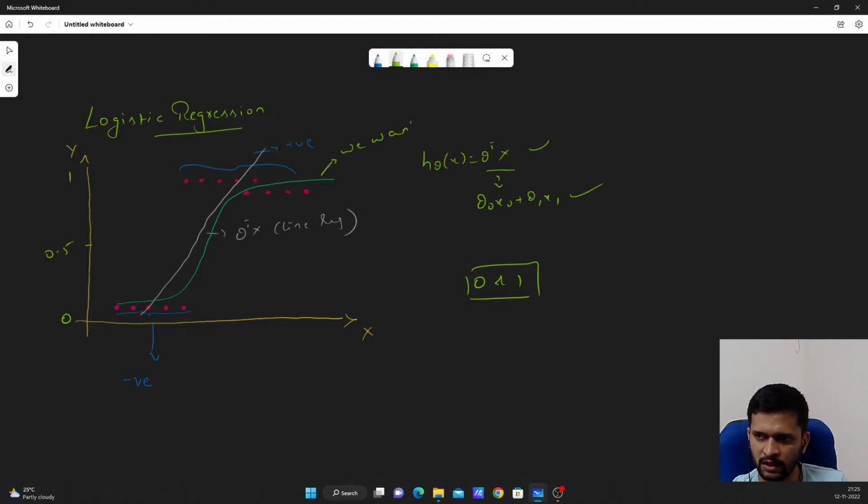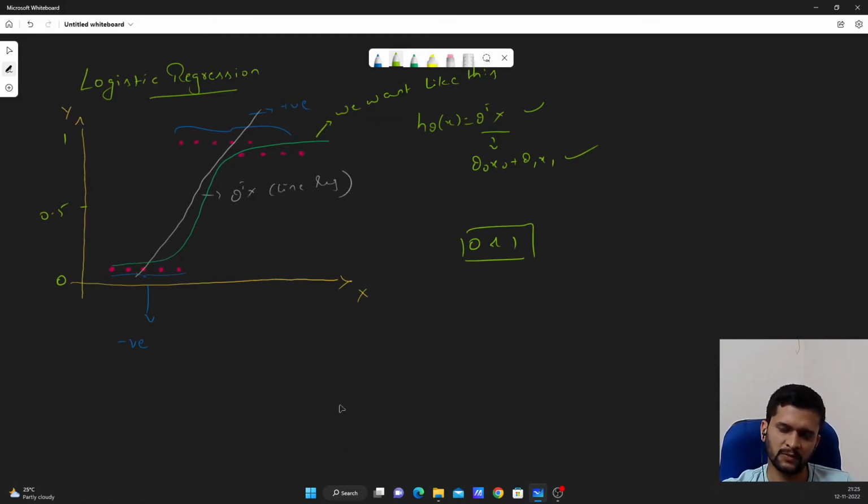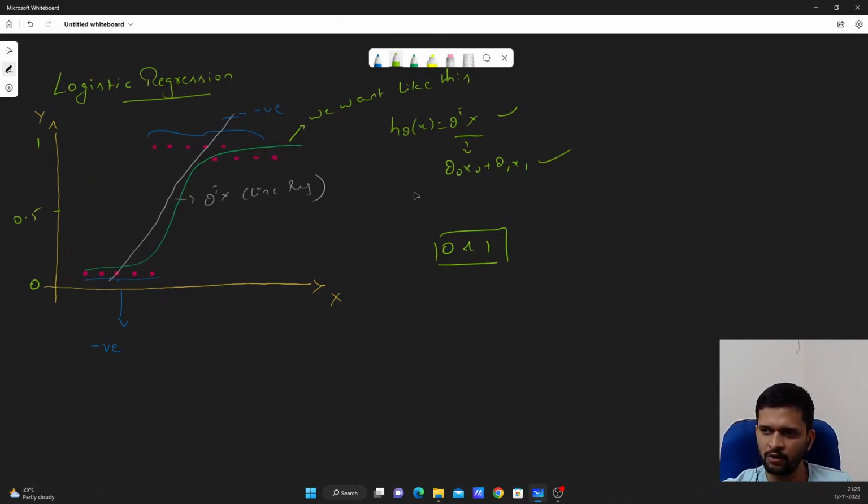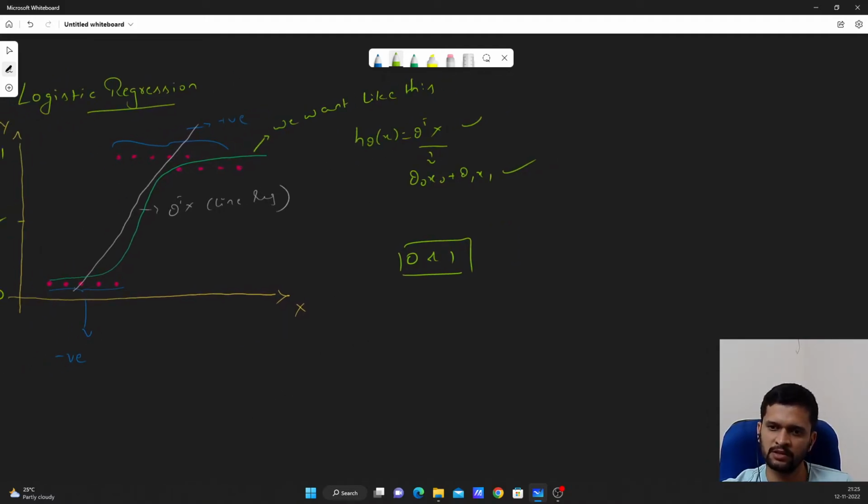Why we want it like this, I will tell you in a while. Now that we understand why continuous values are not desired for a classification problem, we will see how to convert this hypothesis to give us a value between 0 and 1. We have to basically shrink this hypothesis to give values between 0 and 1.